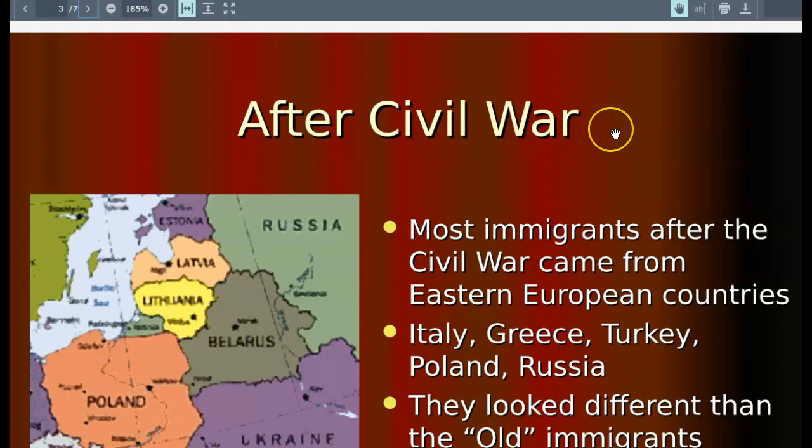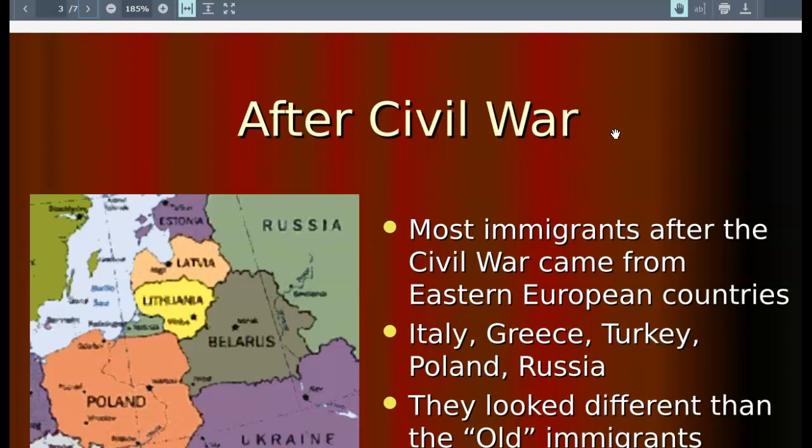One of the main differences between old immigrants and new immigrants is obviously where they came from, but also the way they looked.